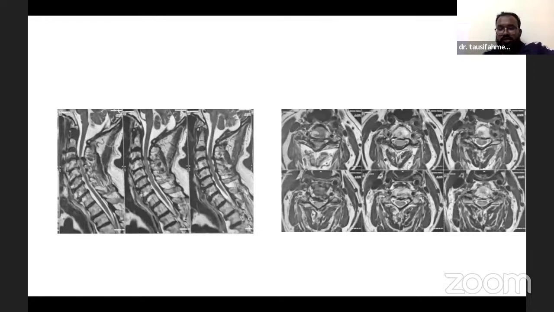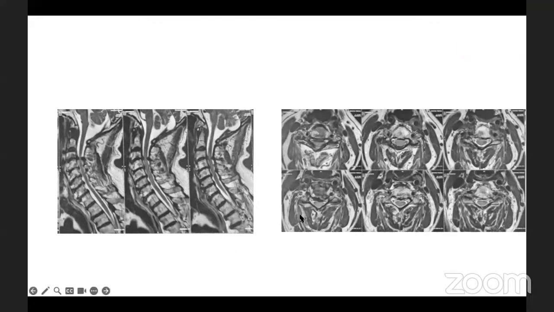For the sake of time, in such cases, how many would like to get a neurologist involved? So what is the dilemma here? You have proof that there's an involvement of the lumbar spine.